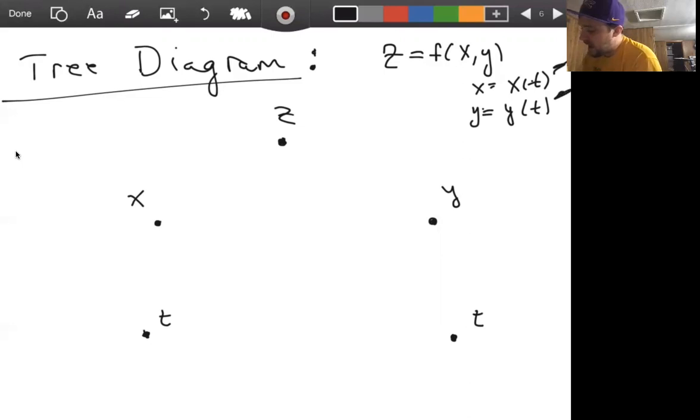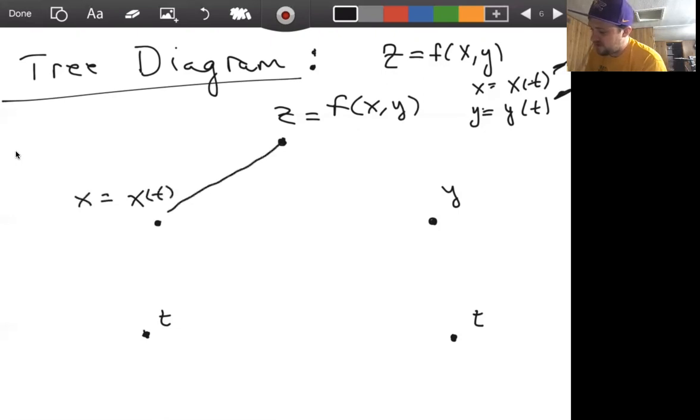And so now a branch in this tree diagram, so this is z equals f of x, y, right? And this is x, maybe I'll write x equals x of t. A branch connecting the variable z to the variable x, we're going to indicate that this branch is the partial derivative of the top variable with respect to the bottom variable, right?